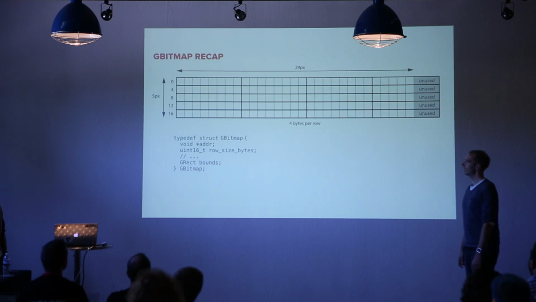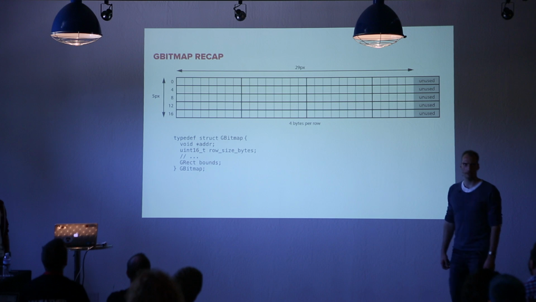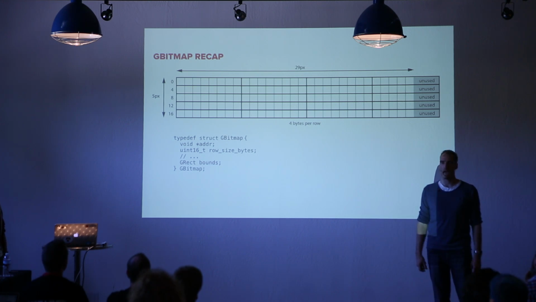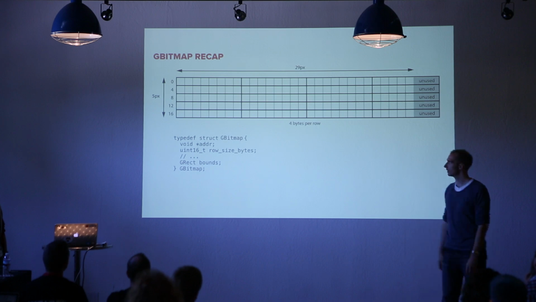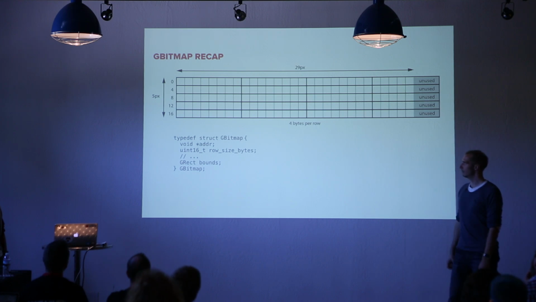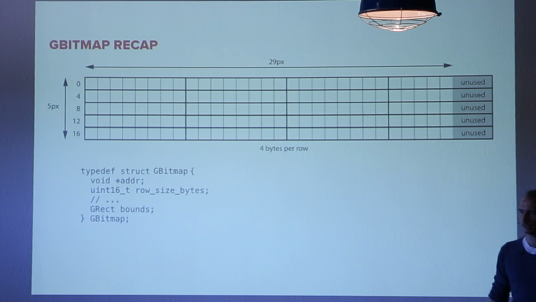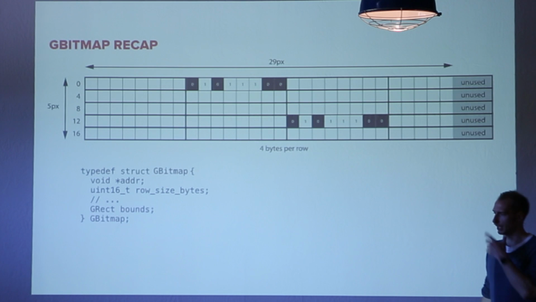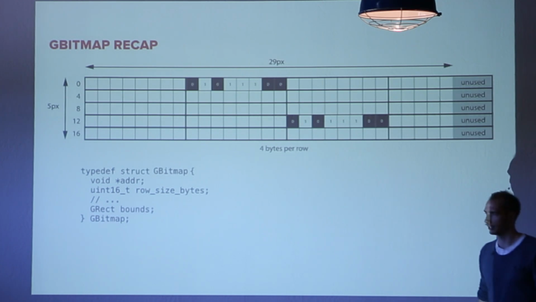Okay, a quick recap of what GBitmap looks like. Now that we have direct access to a GBitmap representation of the frame buffer, how does GBitmap actually work? Well, that's defined in pebble.h, again, forever, I think. And it's also explained in the API documentation, but just to be sure, I want to explain it here.